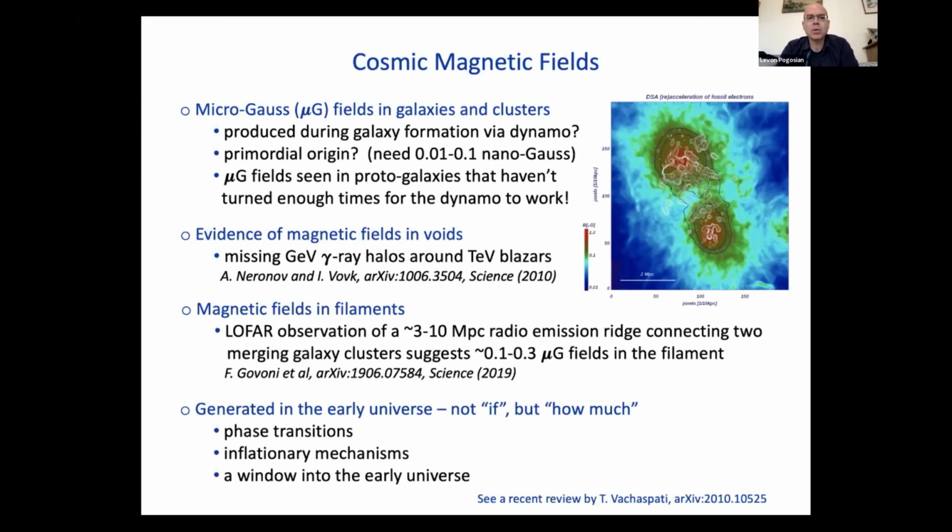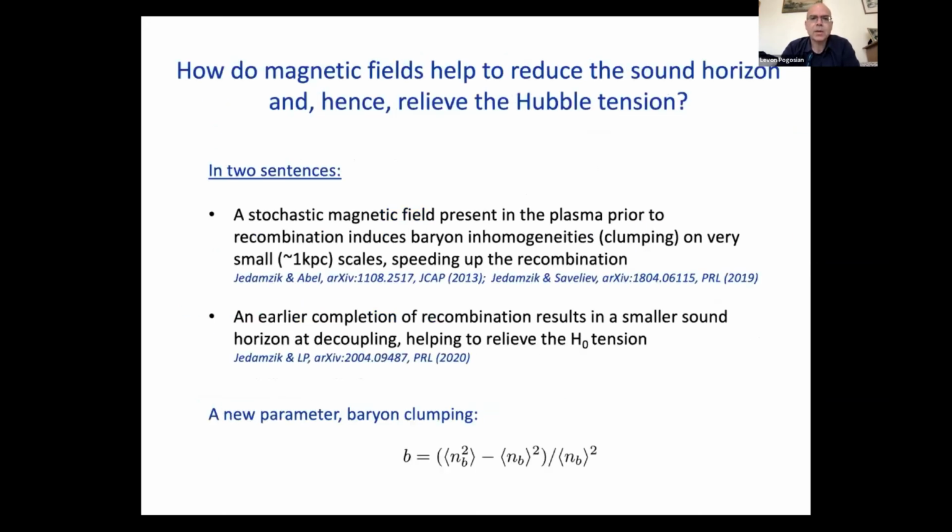And because of that, primordial origin was also seriously, and is seriously, considered. And recently, there's been growing evidence for possible primordial origin of magnetic fields coming from observations of cosmic rays and these filaments seen by LOFAR. So I'm not going to go through this in any greater detail. I refer you to a recent review by Tanmay Vachaspati.